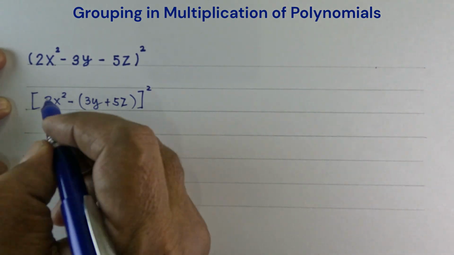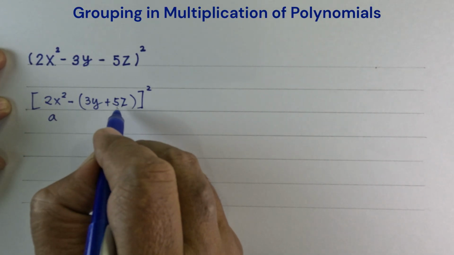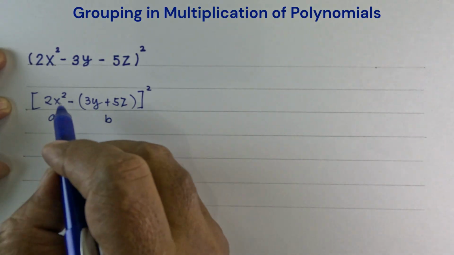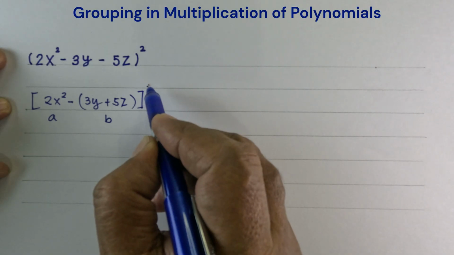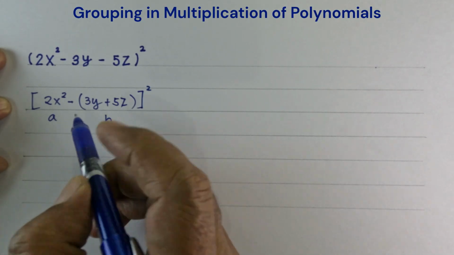Now, if I denote 2x squared as A and 3y plus 5z as B, we now have here (A minus B) raised to the second power. So that's the square of the difference of two numbers.